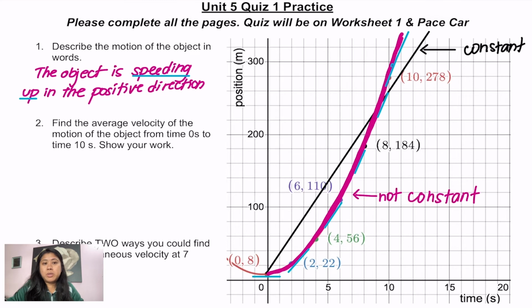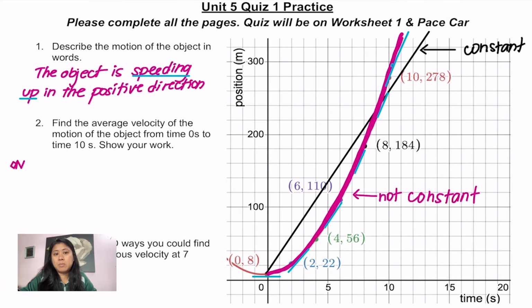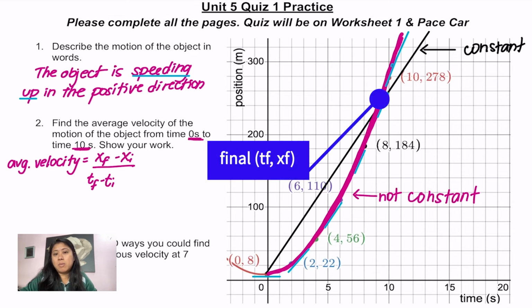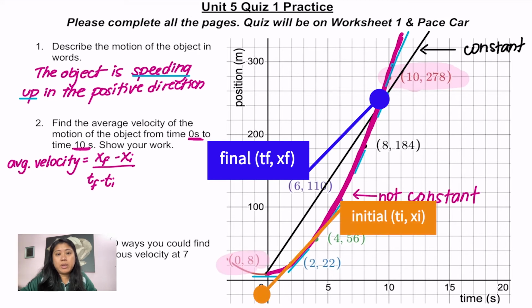And now, number 2, we're going to find the average velocity of the motion of the object from time 0 seconds to time 10 seconds, and we're going to show our work. So the average velocity, as you know, is just the final position minus initial position over final time minus initial time. We're going to use (10, 278) as our final point, and our initial point is (0, 8), which I've highlighted here for you.